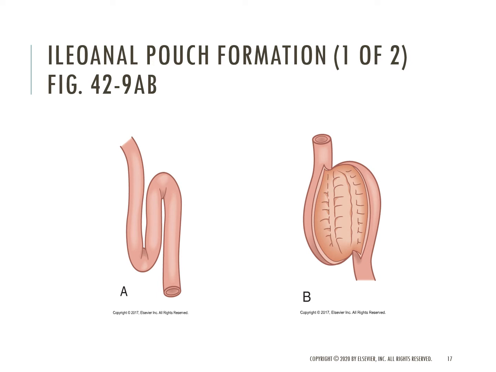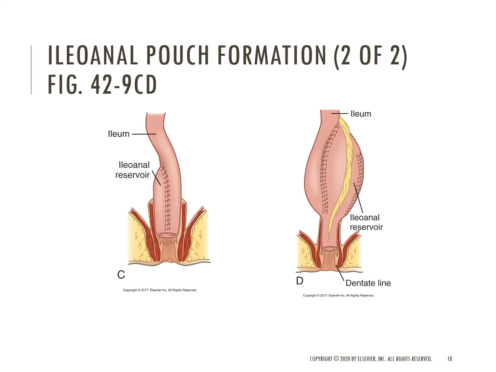Here's a picture of a type of surgical intervention with pouch formation. I have some more images. You don't need to know this in great detail, just be familiar that surgery is an option for patients with ulcerative colitis.